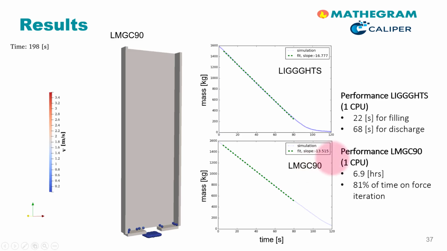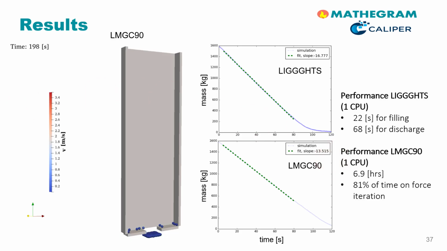Again, considering the performance metrics, we note a significantly shorter simulation time of just 90 seconds for both filling and discharge on one CPU. This is by a factor of 280 faster than LMGC90.